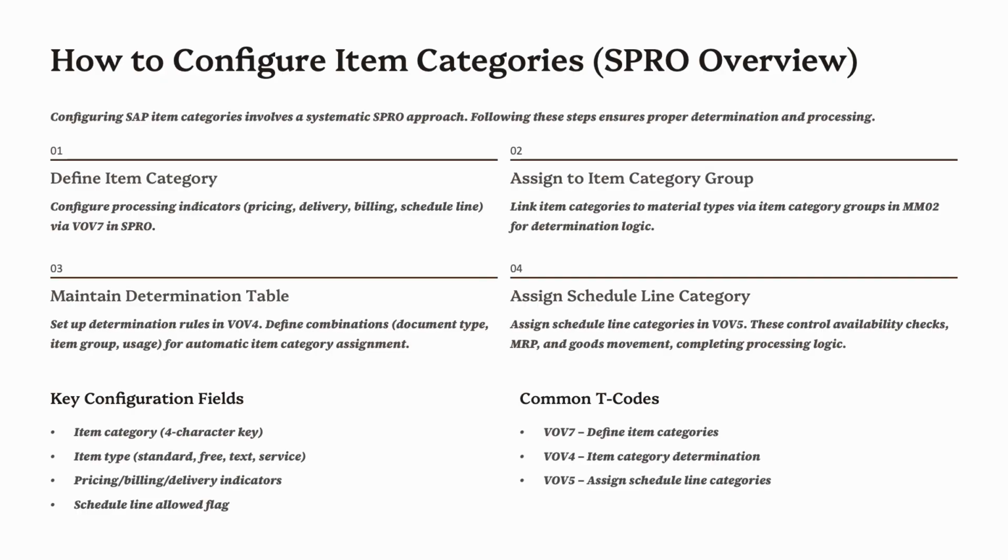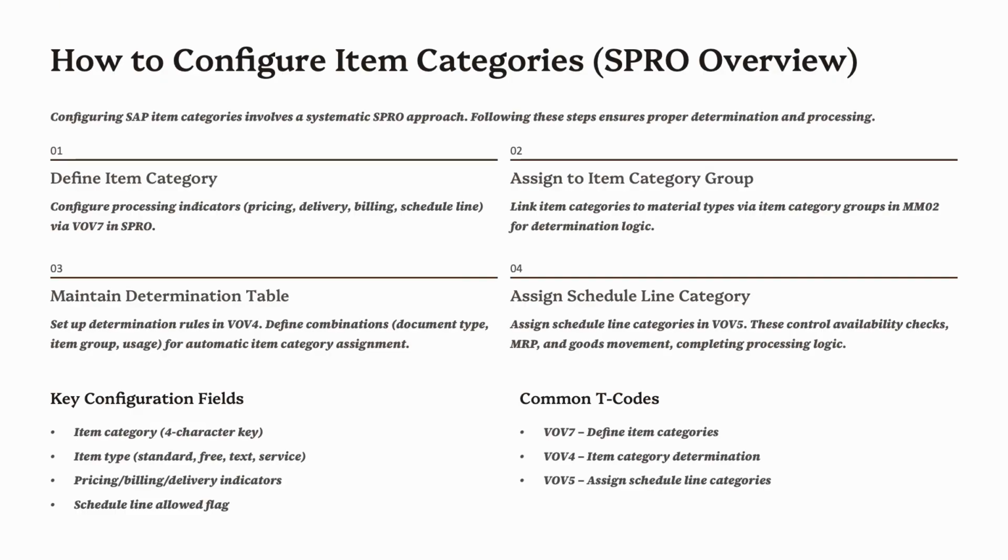Define the item category. This is the foundation. Here you set all core behaviors: pricing relevance, delivery relevance, billing relevance, schedule line allowed, inventory and MRP relevance, higher level item logic. Every option you enable or disable here changes how the item behaves in the order.